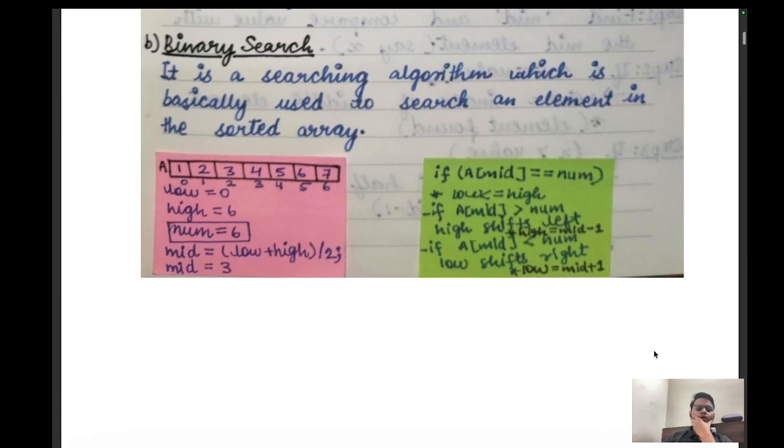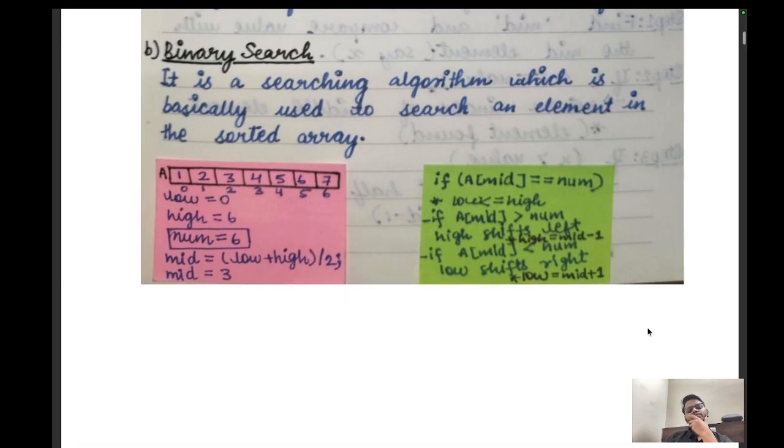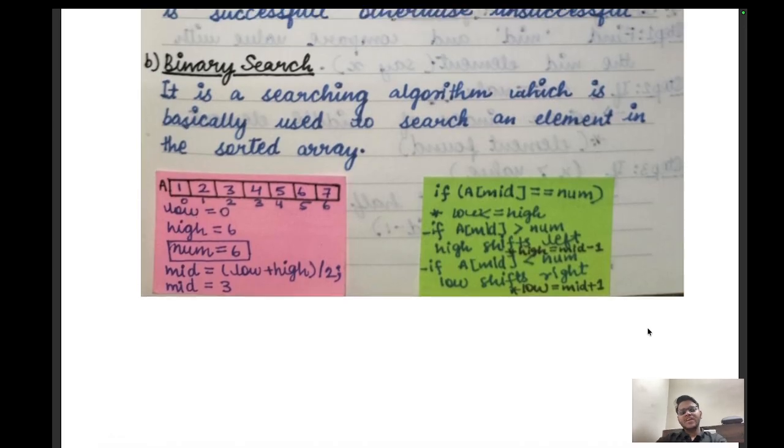So why is it so? Because in binary search, what we do is divide the array into two equal halves. I would say not equal halves by weight, but the indexes are divided into two equal parts. For example, if we have 10 elements in the array, then we divide it into two parts, five on the left and five on the right.